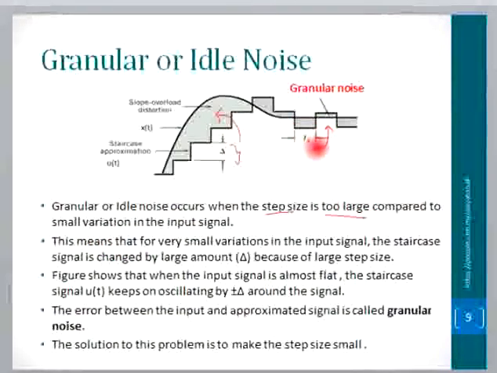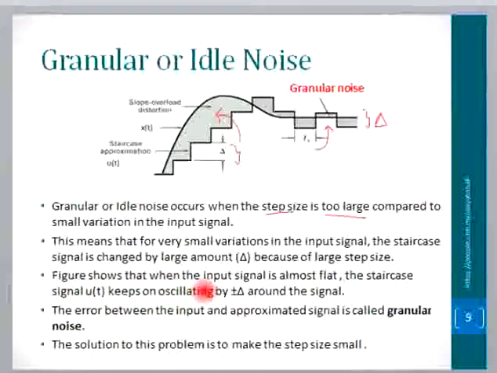So the step size is larger compared to the original signal that is flat. This means that for every small variation in the input signal, the staircase signal changes by a large amount, that is delta, because of the large step size.